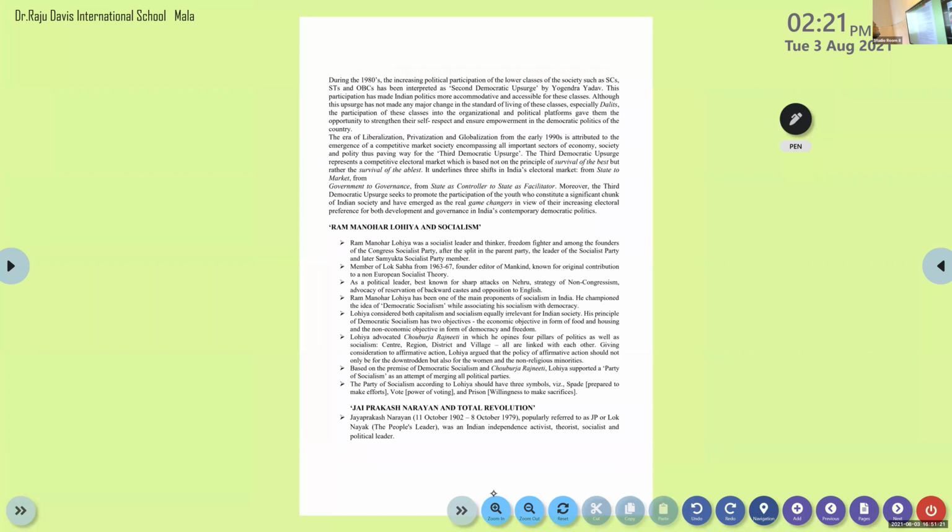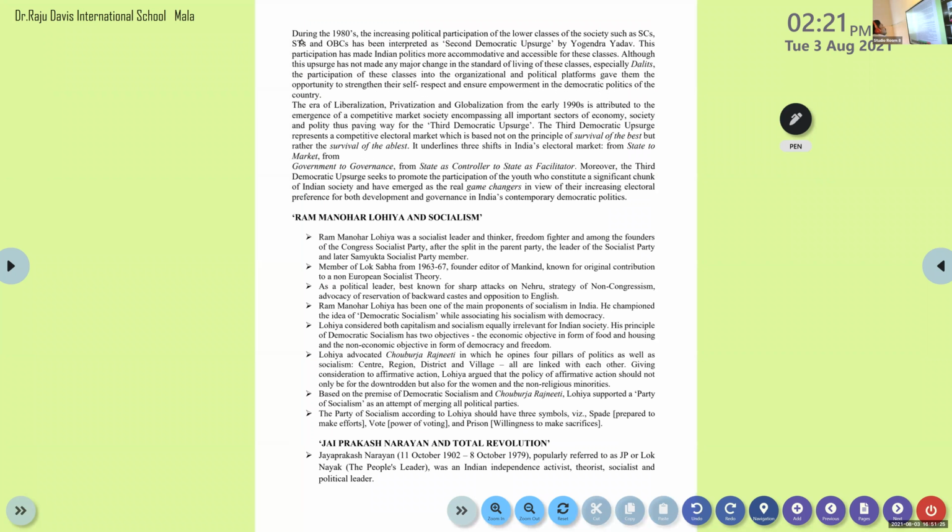During the 1980s, the increasing political participation of the lower classes of society, such as the SCs, STs, and OBCs, has been interpreted as the second democratic upsurge by Yogendra Yadav, a famous politician and political thinker. This participation has made Indian politics more accommodative and accessible for these classes.